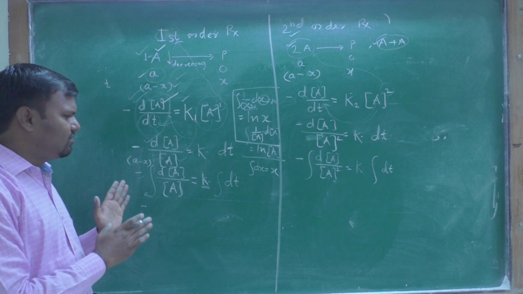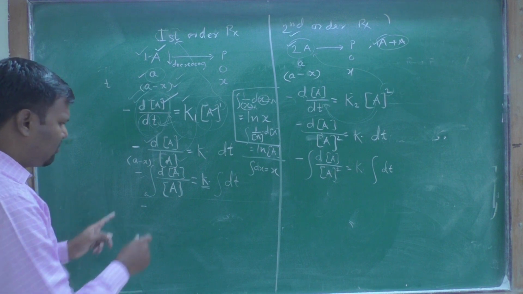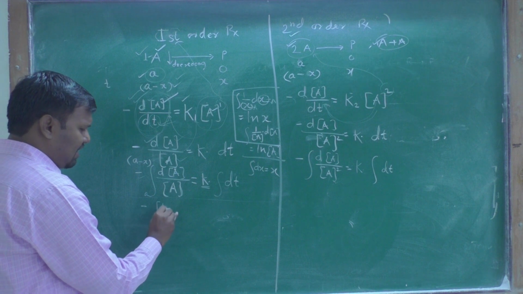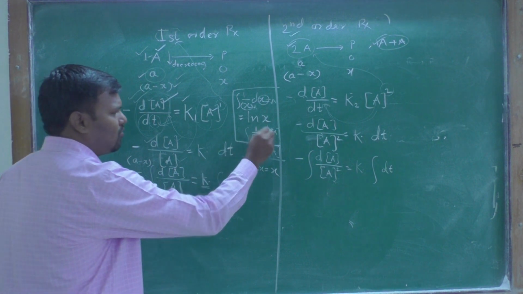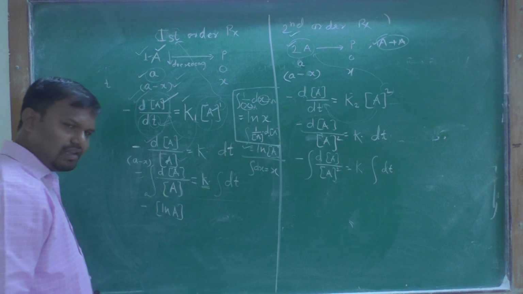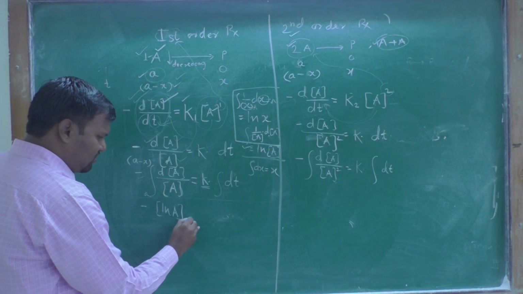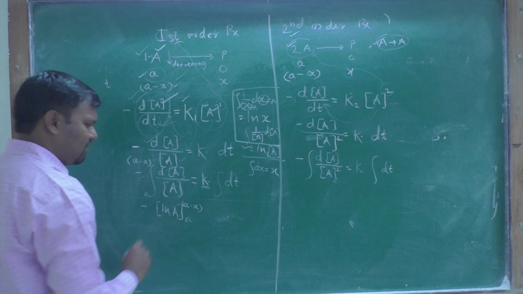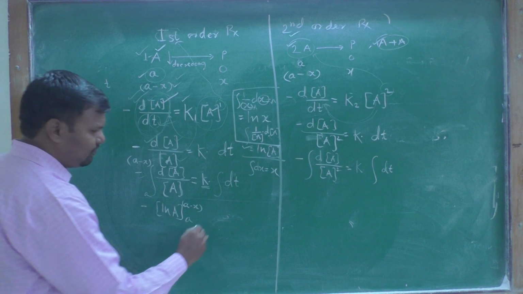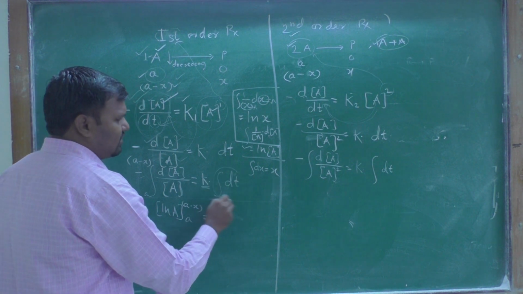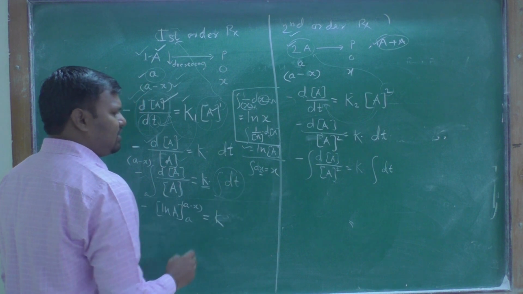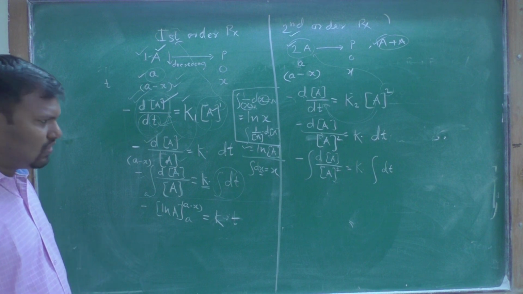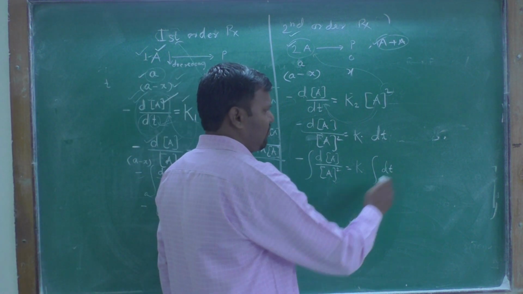Considering this, we write like this. Therefore your equation will be ln a, simply using this formula, with the initial concentration a at the bottom and the final concentration at this side, is equal to k. What is the dt? If it is replaced, it is t. Therefore k into t. We solve this.